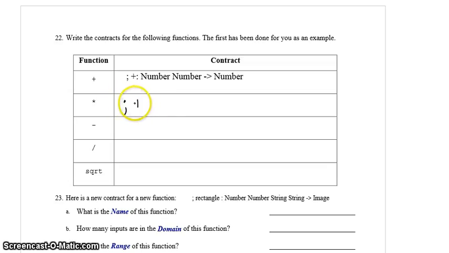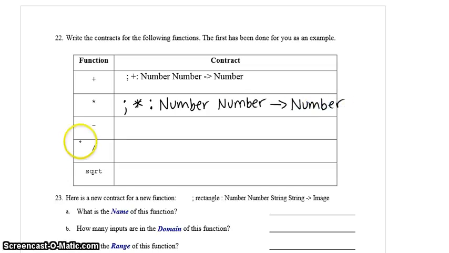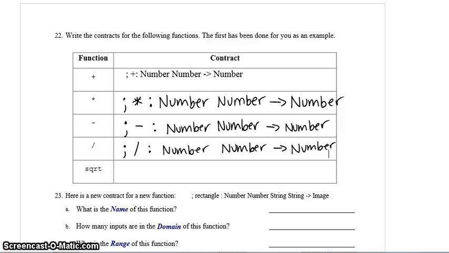We start with a semicolon, the function name is an asterisk, colon, there are two numbers for the input, and the output is one single number. So at this point you can pause the video and do the contracts for subtraction and division on your own. Go ahead and check your contracts for subtraction and division, making sure that your contract begins with a semicolon.